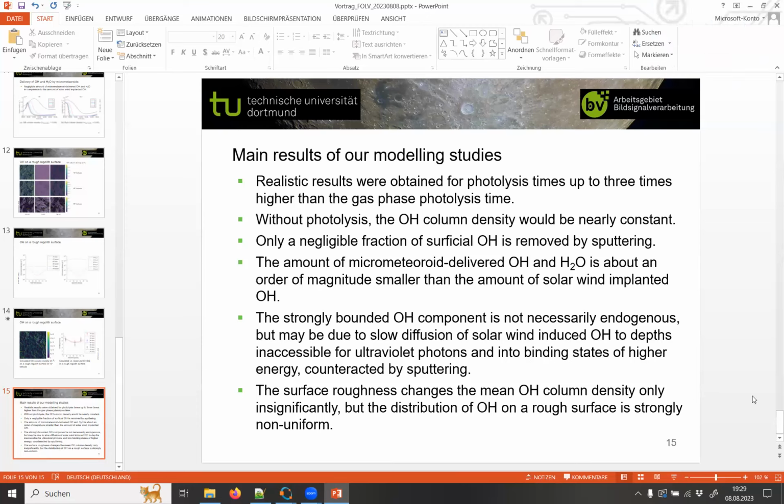Okay, makes sense. So the corresponding time scales would increase by orders of magnitude due to the exponential dependence on temperature, and photodissociation is absent anyway because the source of ultraviolet photons is not there. The sun. Great.